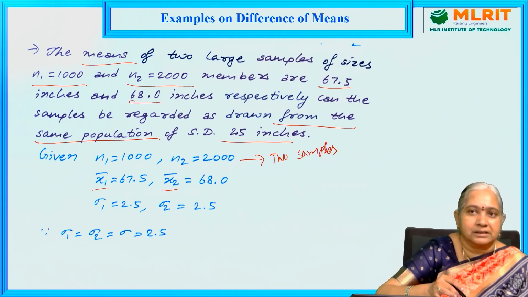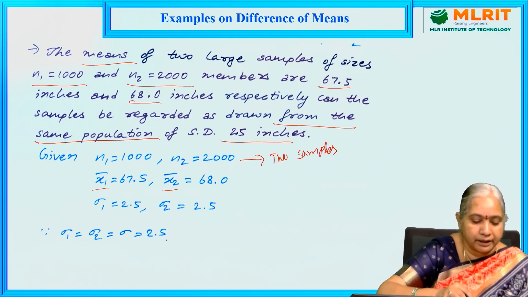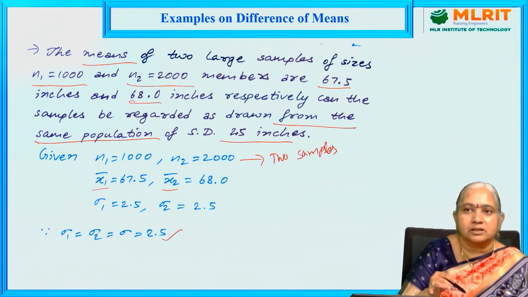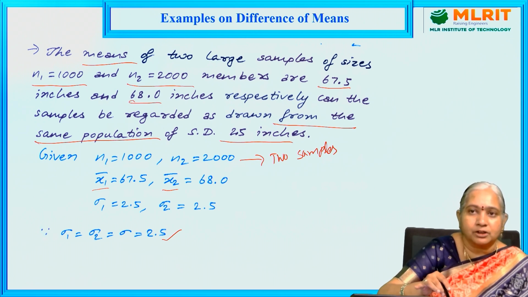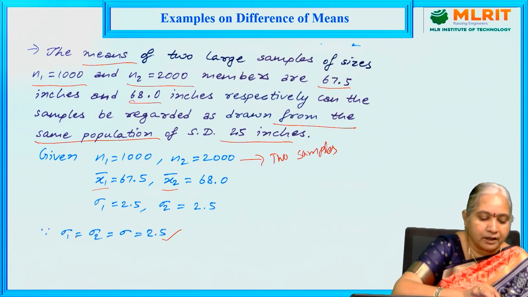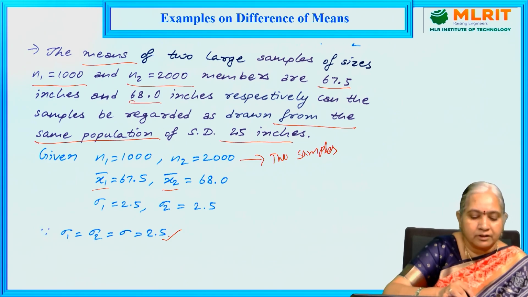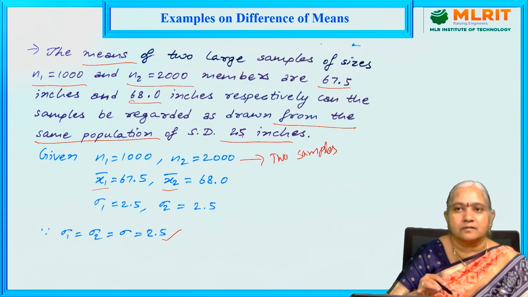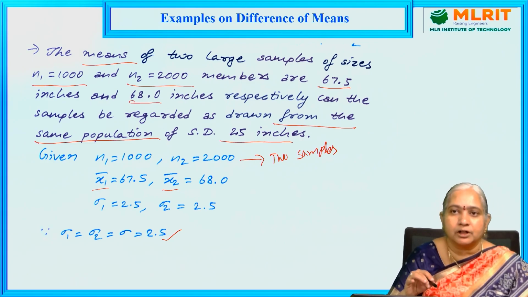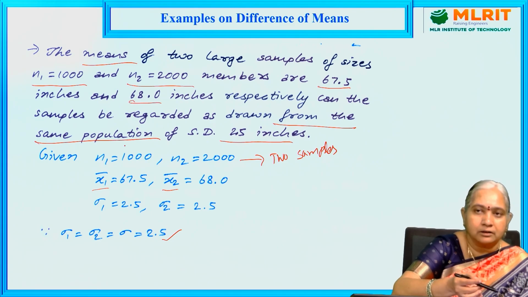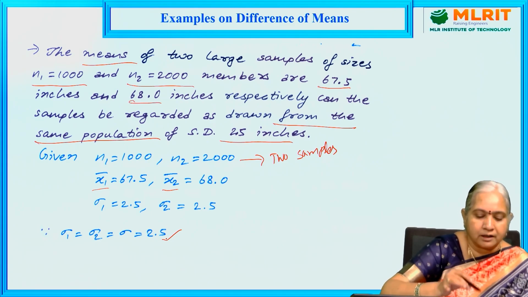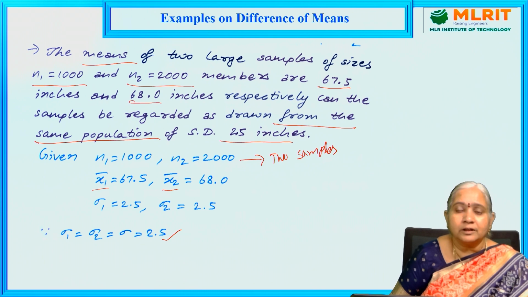So the standard deviation of the population is denoted by sigma, and the two populations are equal, that is sigma 1 equal to sigma 2 equal to sigma, which is equal to 2.5 inches. So the first and second population standard deviations are equal. Same population means only one standard deviation, that is 2.5. So this is the data given.